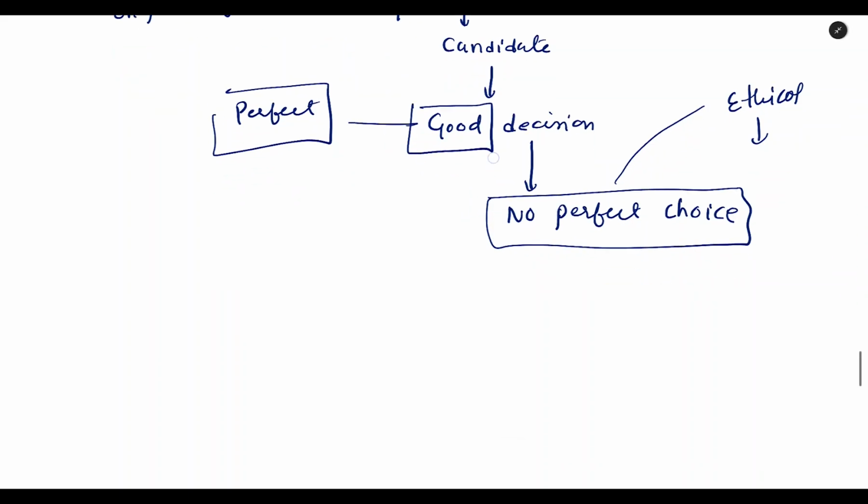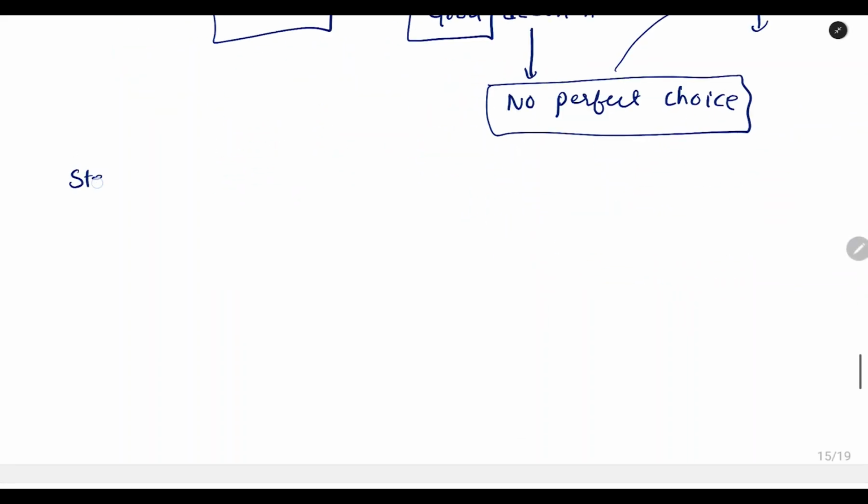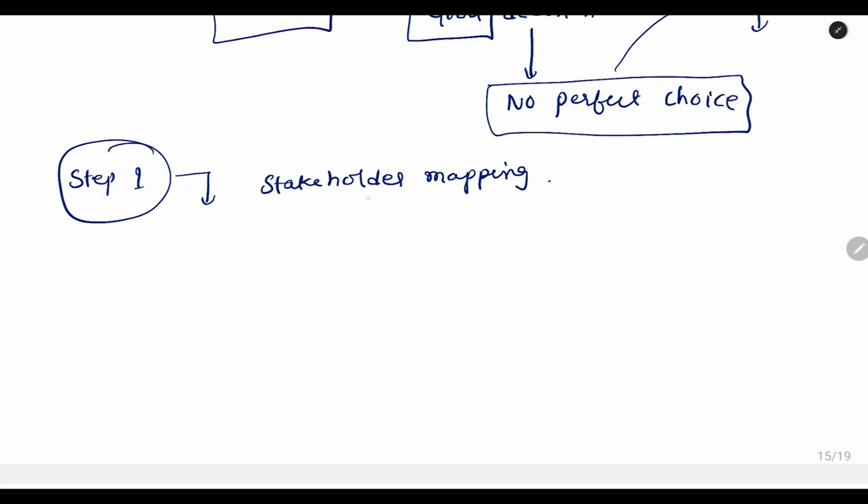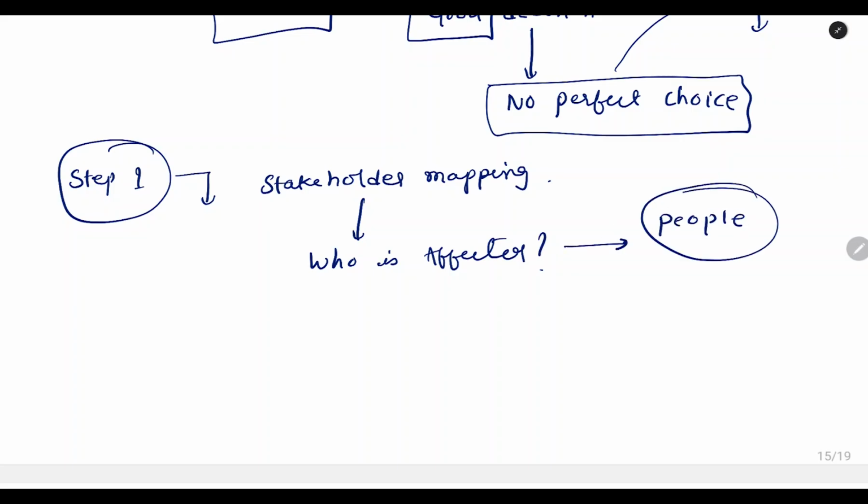That's it. So let's apply the step-by-step process for this answer writing. First, stakeholder mapping: you have to identify who is affected. Always write these three things, no thinking needed. First, the common citizen. Then officials, that means government.